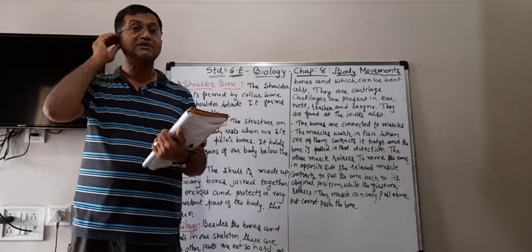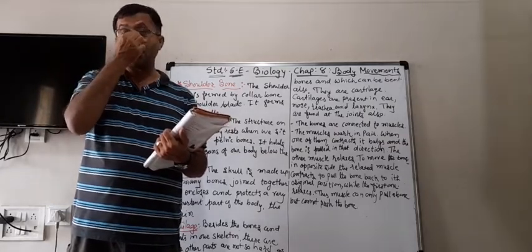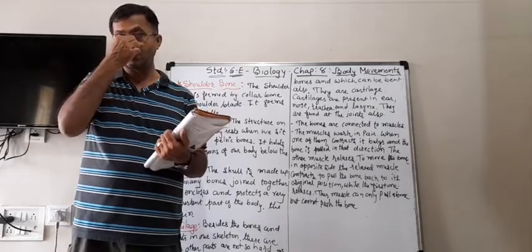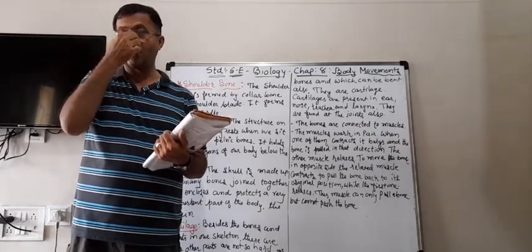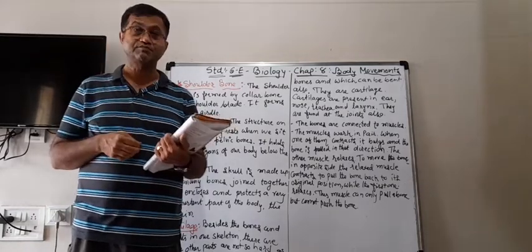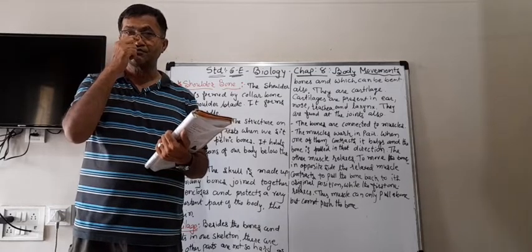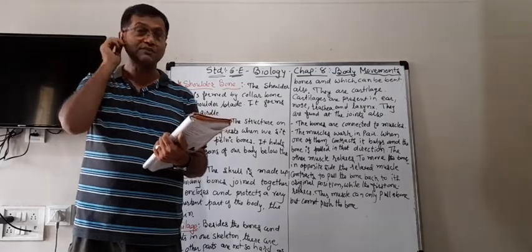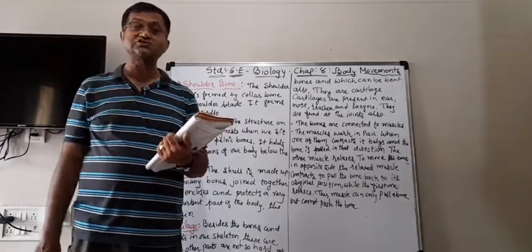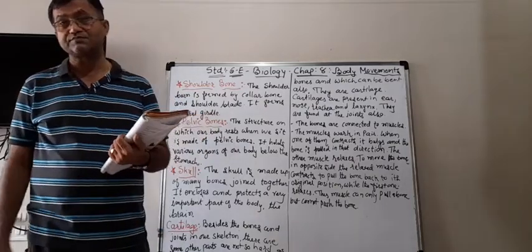Your nose also, if you hold it and bend it, you can bend it. It is also not as hard as the bones and not as soft as our muscles. So in our nose also there are some cartilages.